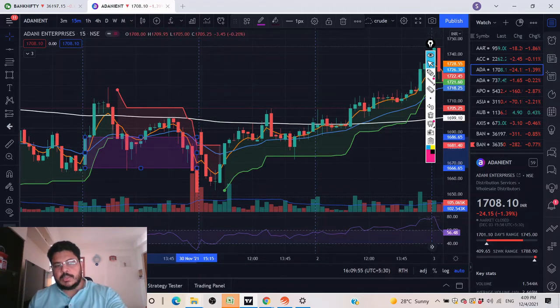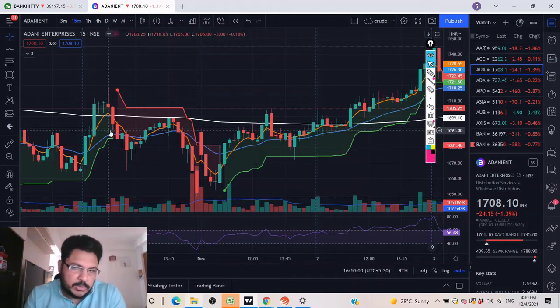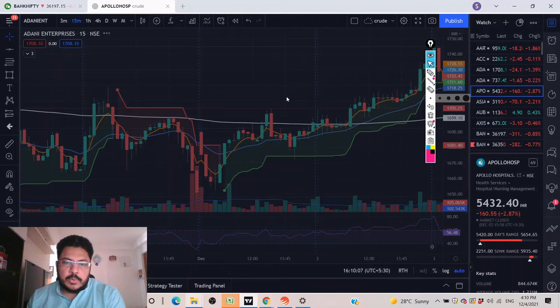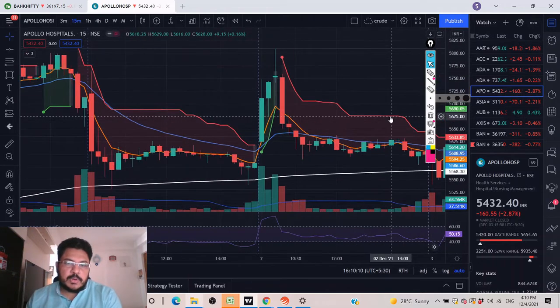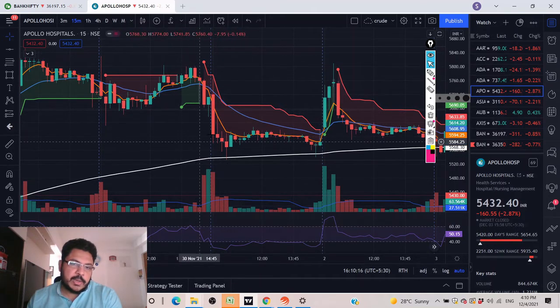So one thing you need to keep in mind when you're trading a stock is that you need to understand the kind of volatility that stock will have. Adani Enterprises is a pretty volatile stock, and if you look at Apollo Hospital, this is also a very volatile stock. How will you identify volatility in a stock? Just look at the kind of wicks they create up and down.